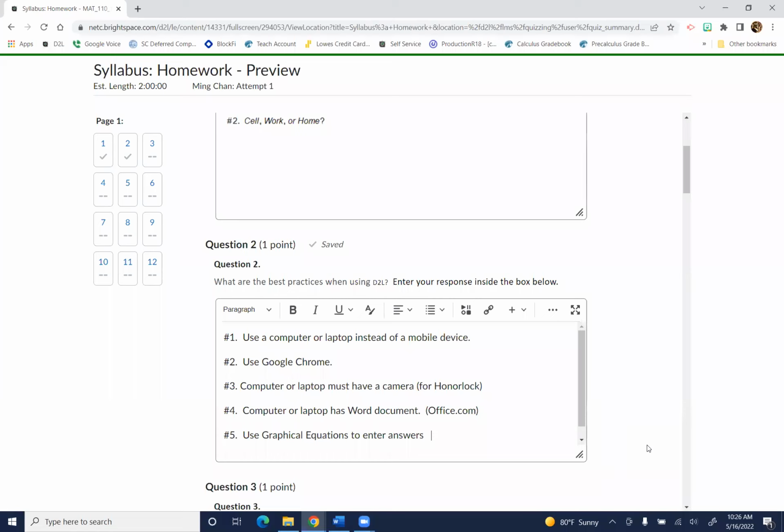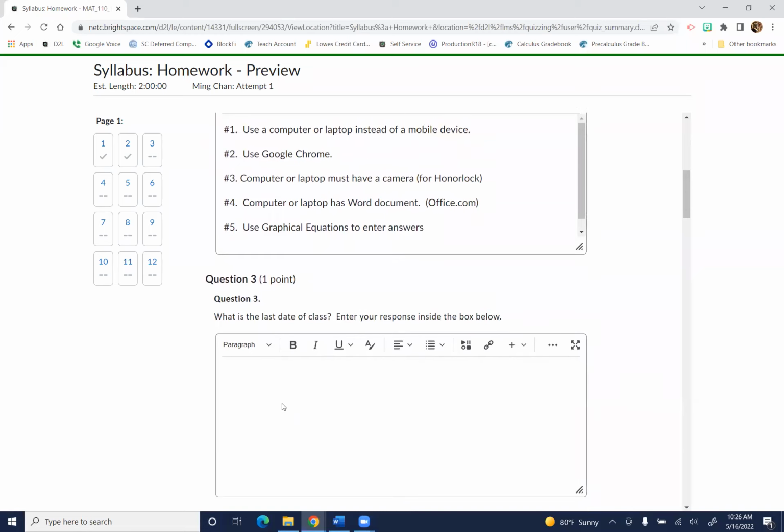For this class, it's not going to work out that well because students have to use graphical equation when entering mathematical symbols. We have a computer portion, and we have a handwritten portion you have to download. We have lecture notes that you need to download. So it is a little bit easier to use a computer or laptop for this class. Mobile device is just not working out so well.